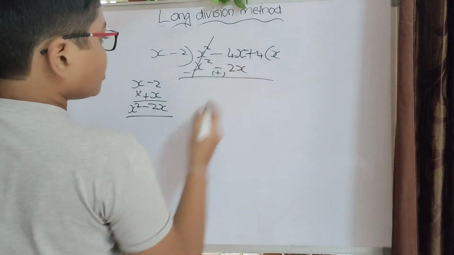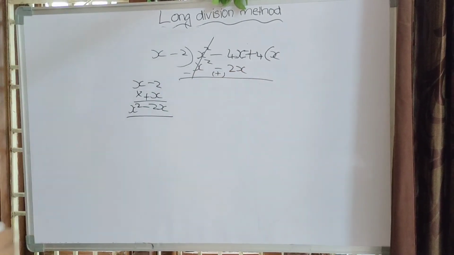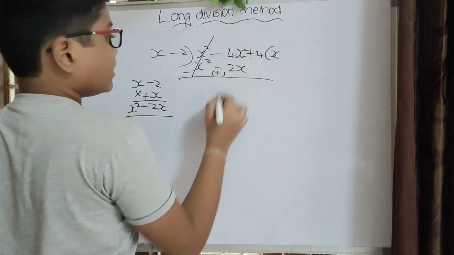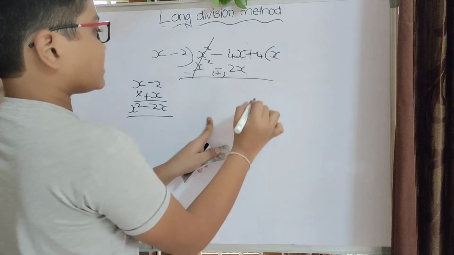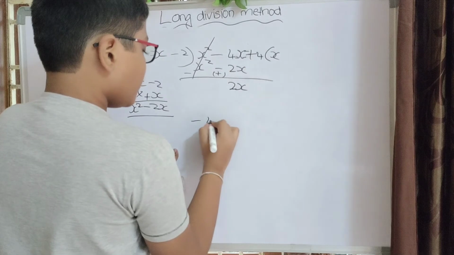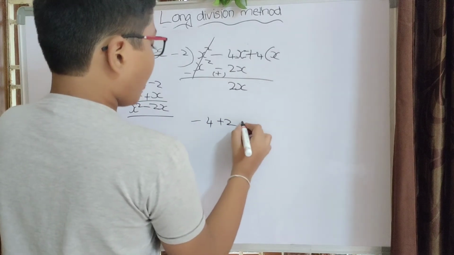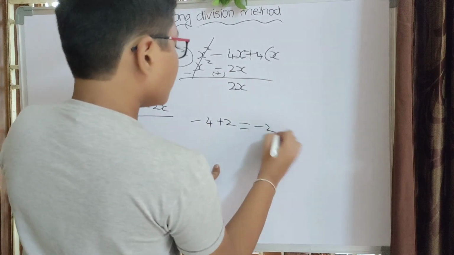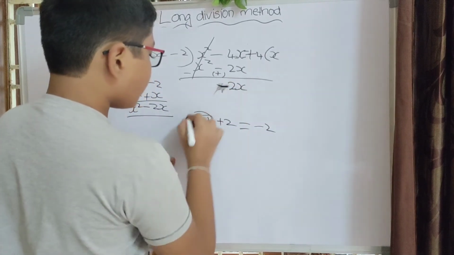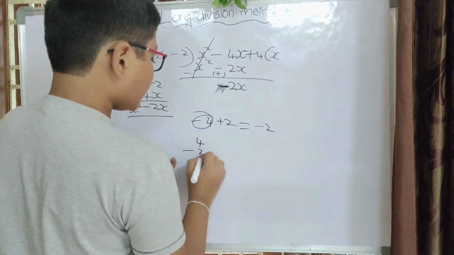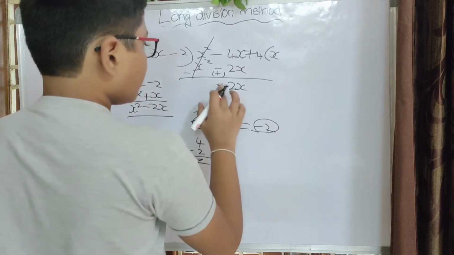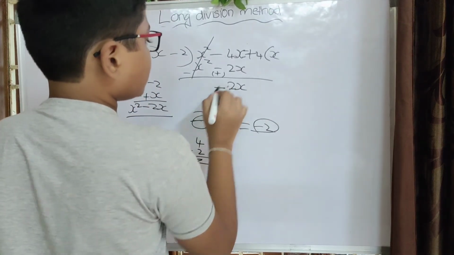This x square will cancel, and plus minus plus will become minus. Minus 4x plus 2x, we have to not add this one. Minus into plus is minus, so 2x will come. Minus 4 plus 2, what is the answer? Minus 2. Sorry, the bigger number has minus, so 4 minus 2 is 2 and it is minus, so minus 2x.